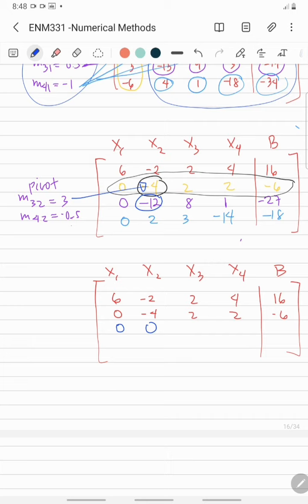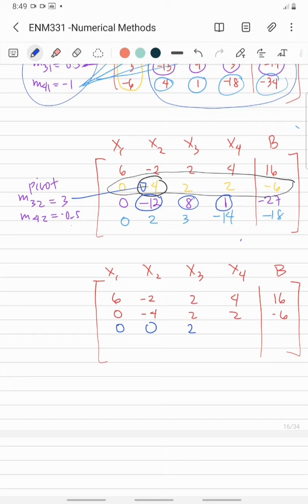Then we have here 8 minus 3 times 2. Okay, that is equal to positive 2. Then we have here 1 minus 3 times 2.